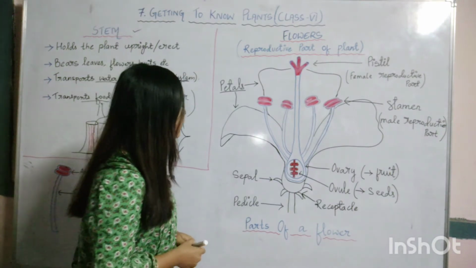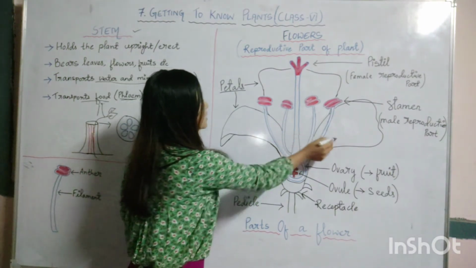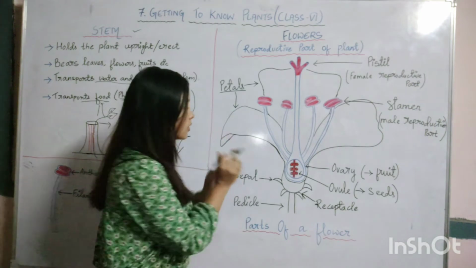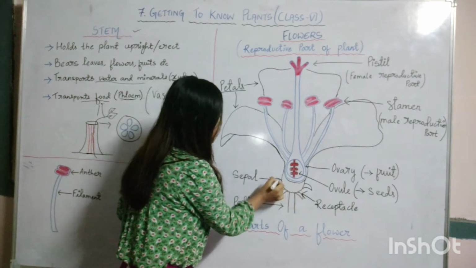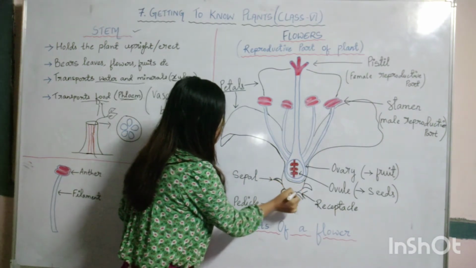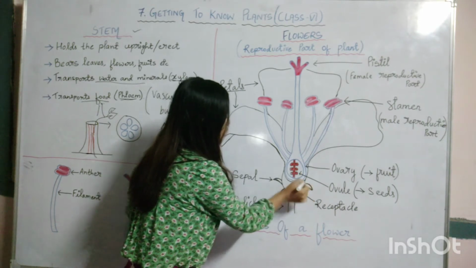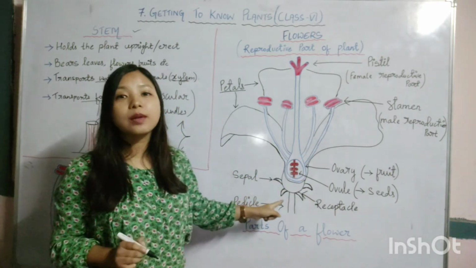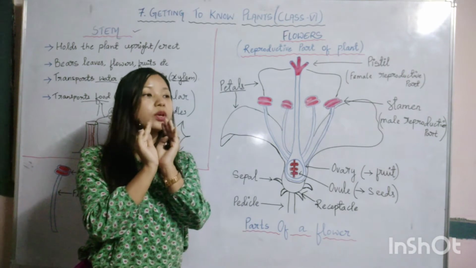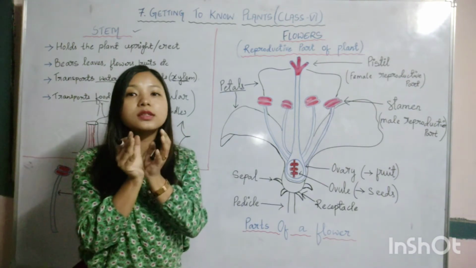Next, you can see all these petals are held together and you can see small leaf-like structures coming out of it. They are called sepals. They help to keep all the petals together.